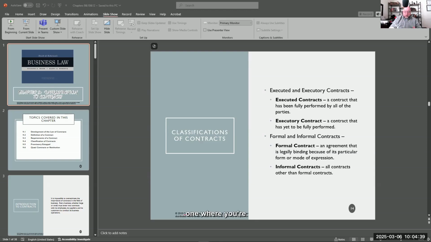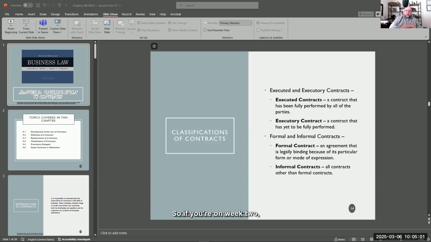Executory could be one where you're giving items into the contract over a period of time. So that could be one where it's like, okay, this week you get 5 items, next week you get 5 items, and third week you get 5 items until 15 items are satisfied, and then the contract is done.